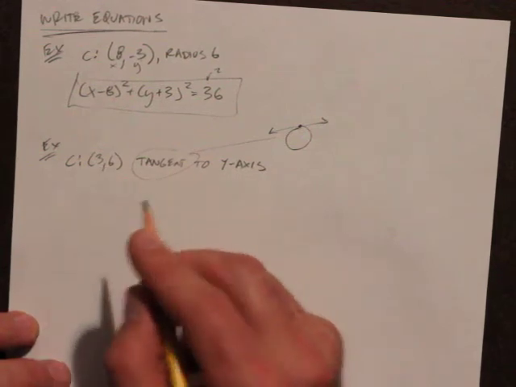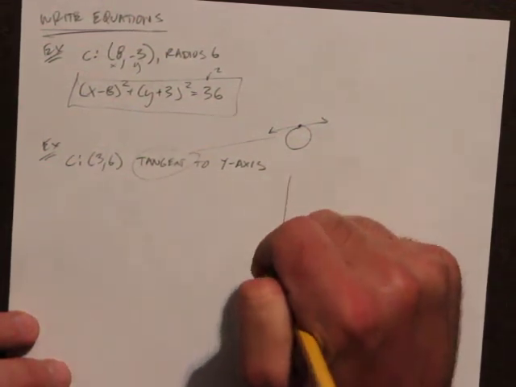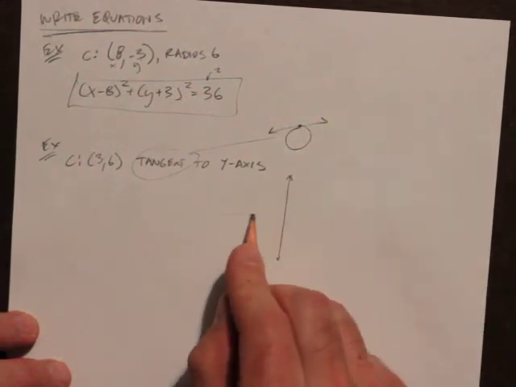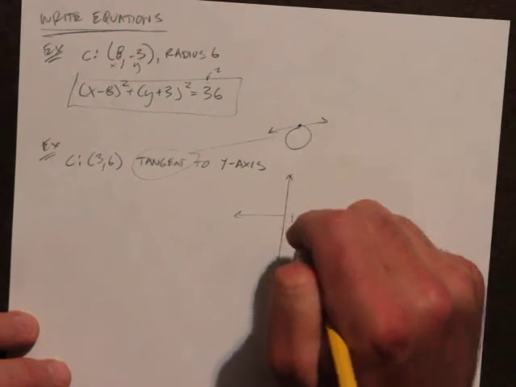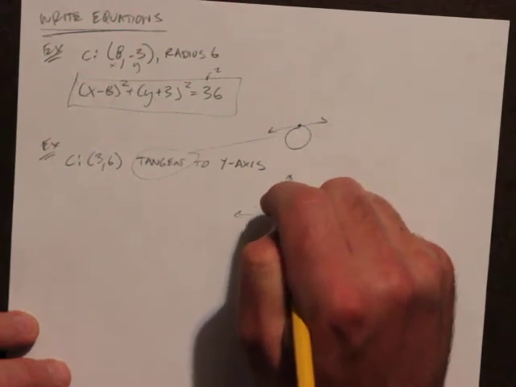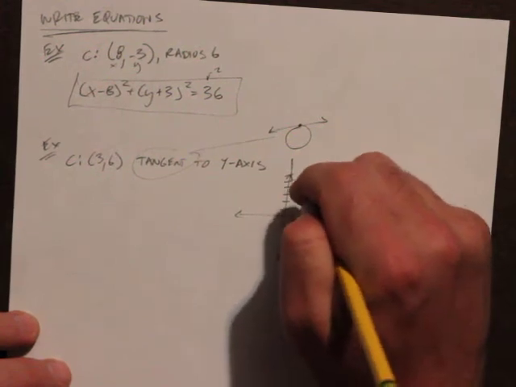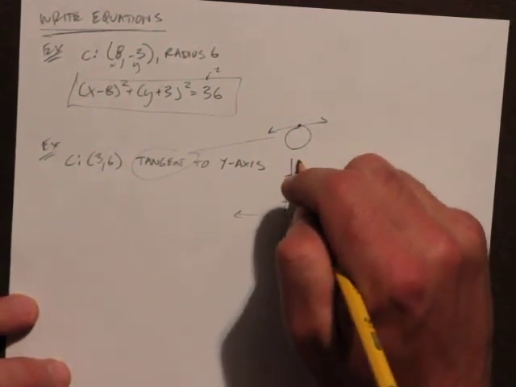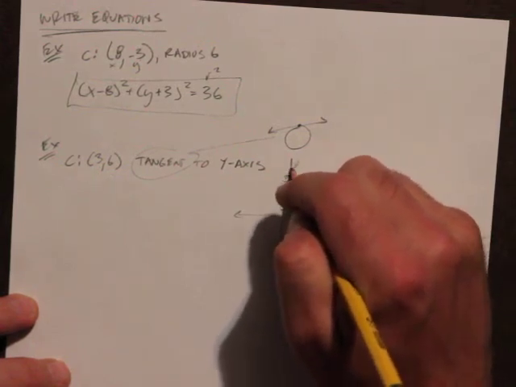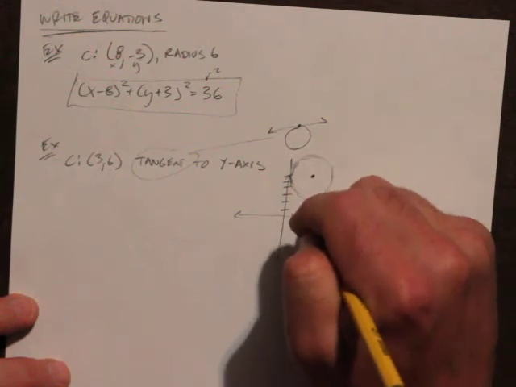So let's see, if I were to graph this, graphing this is going to be the best way to do this, I think. The center is 3, 6. 1, 2, 3. 1, 2, 3, 4, 5, 6. There is my center. And then tangent to the y-axis means that the circle hits the y-axis, just the edge, and then goes around like this.